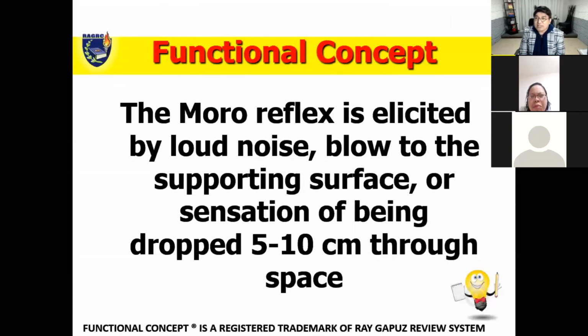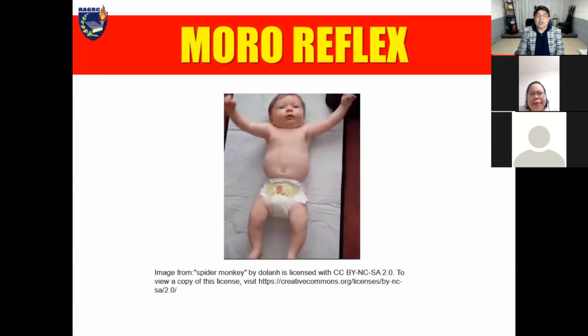So the Moro reflex is elicited by loud noise, a blow or jarring to a supporting surface when you move the supporting surface, or sensation of being dropped 5 to 10 centimeters through space. So this is the normal reaction when you have the Moro reflex. Now remember, within the first 3 to 4 months of age, the child cannot change position. They cannot roll over.